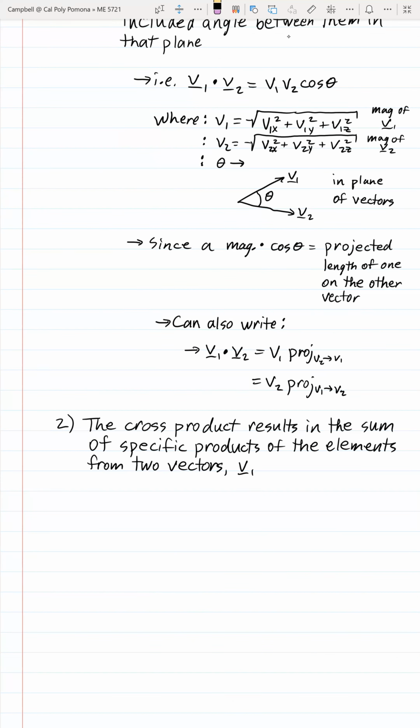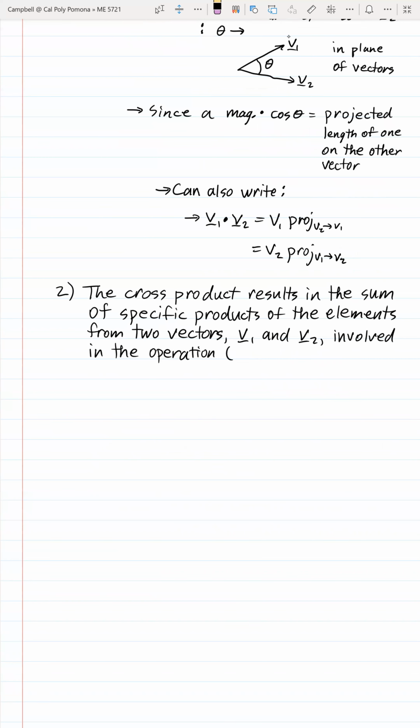Again, we'll have those vectors be v1 and v2, involved, of course, in the operation. This, of course, will be written as v1 crossed into v2.